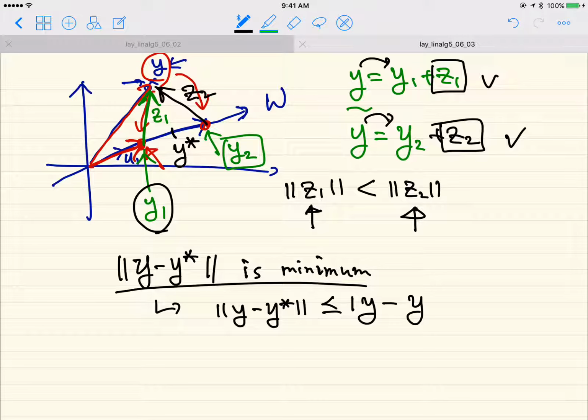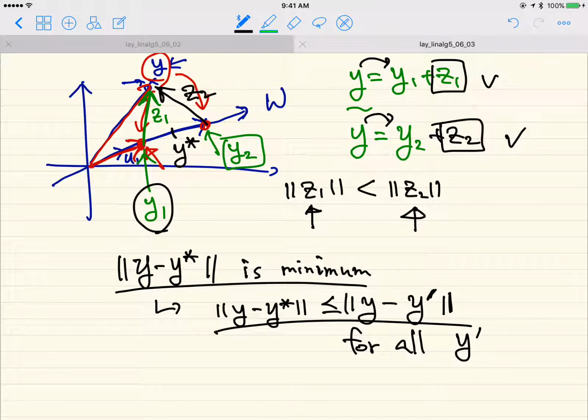This should be satisfied for all y prime. But we still have to follow the condition that y star should belong to W and y prime should belong to W as well.